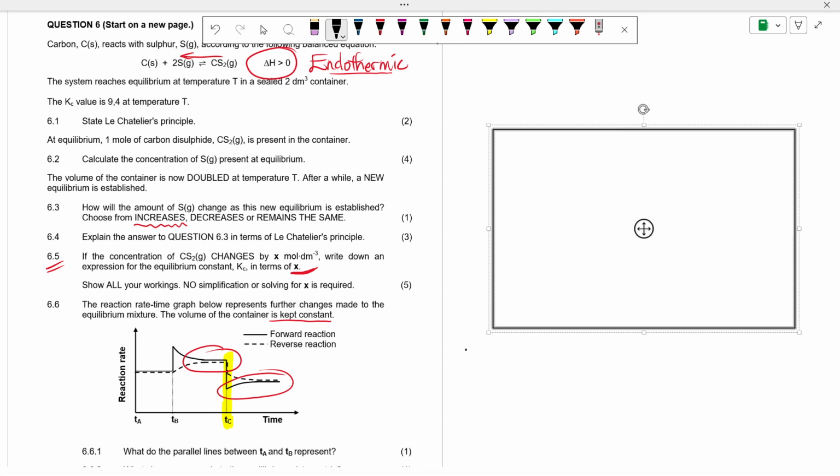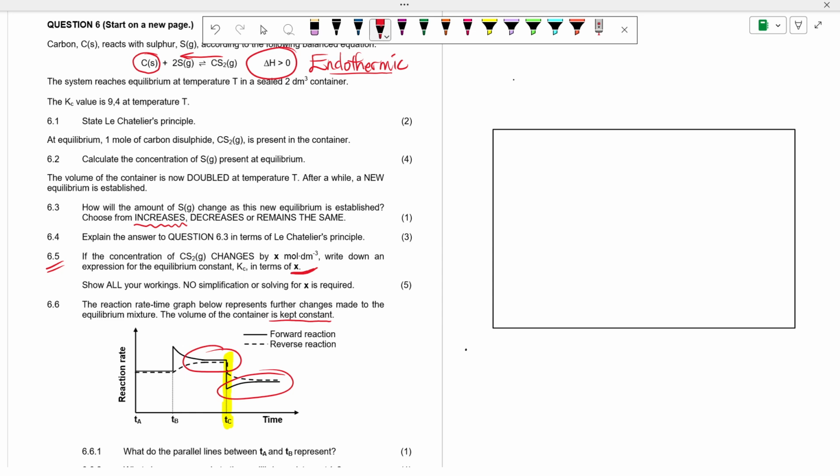Let me address where we need to include the C. We need to include the C if they give us the initial amount or the amount at equilibrium, only if it's going to help us find the amount of something else using the ratios. That's the only time we need it.